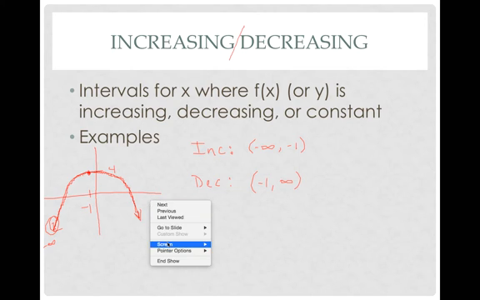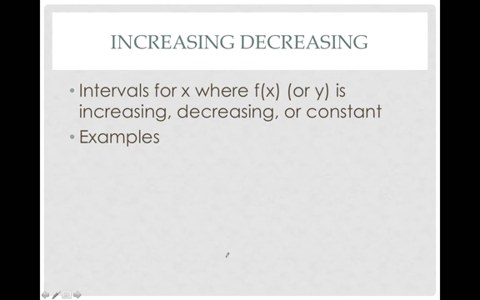Let's see how this can change a little bit here. So let's say we have this particular function, some cubic that looks like this. And if you look at the cubic without giving it any numbers just yet, as we go from left to right, it starts off by increasing.